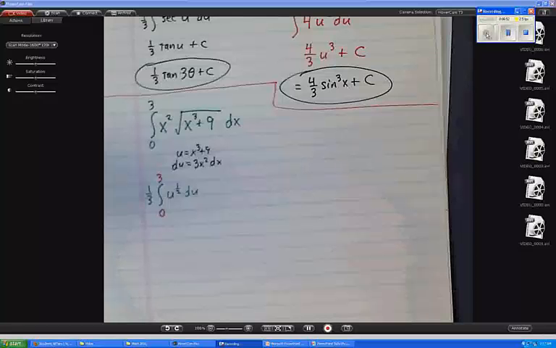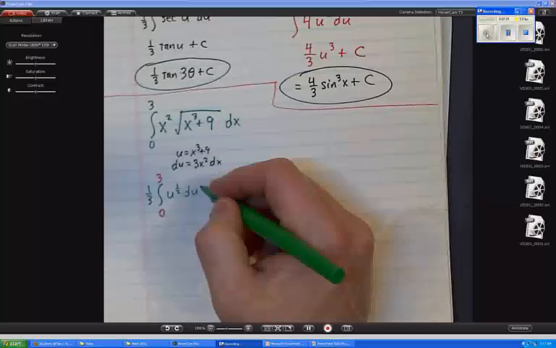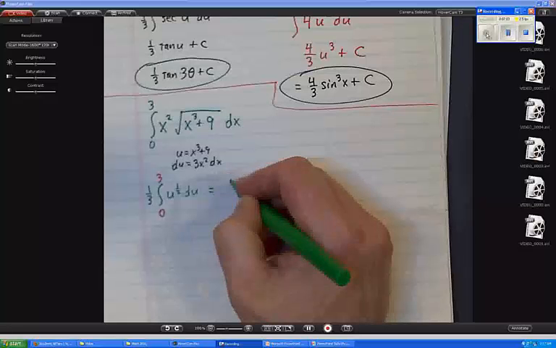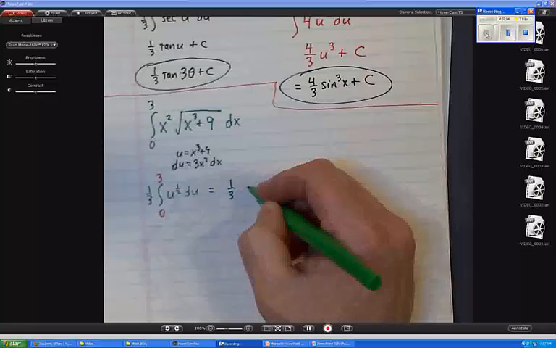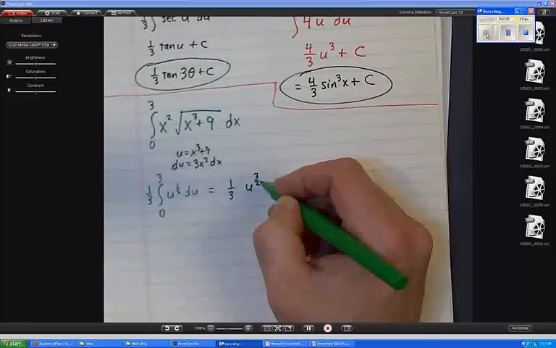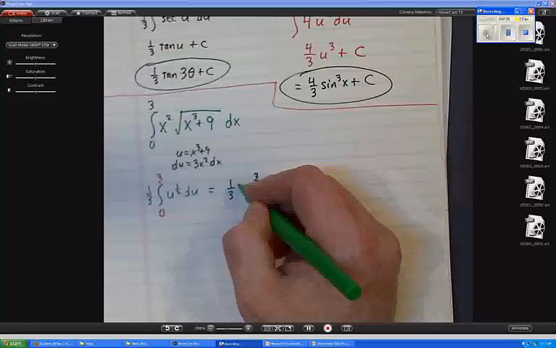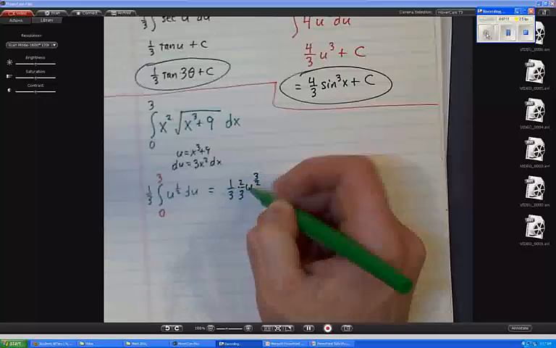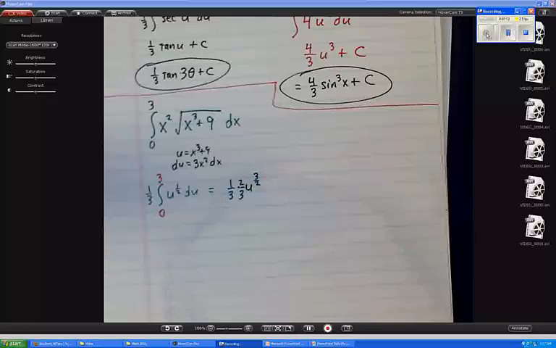Because what would the next step be? The next step would be, well, we write u to the 3/2 power, right? What goes out front is 2/3, right? And what would you do with this thing? Oh, you don't write a plus c. Remember? What do you do instead?